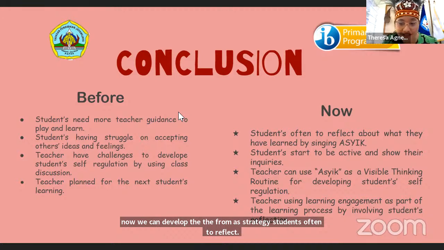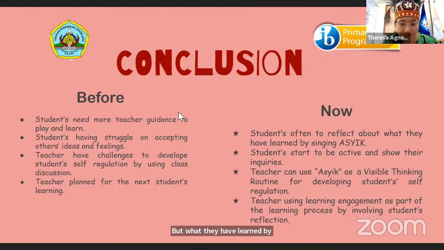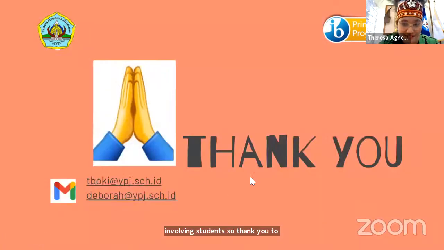Students start to be active and show their inquiries, and teacher can use ASYIK as a visible thinking routine or visible thinking strategies for developing student self-regulation, and teacher using learning engagement as part of the learning process by involving students.